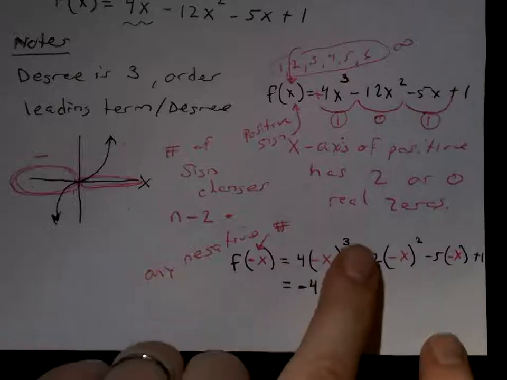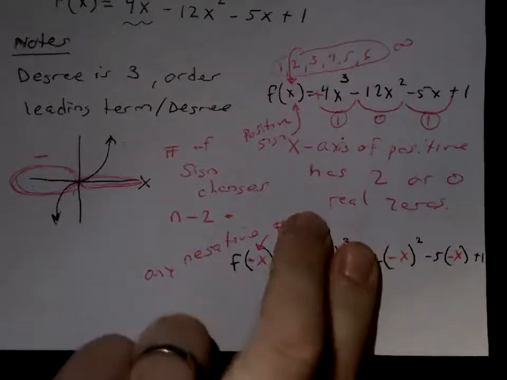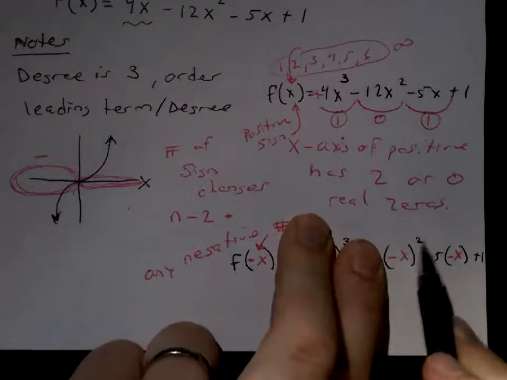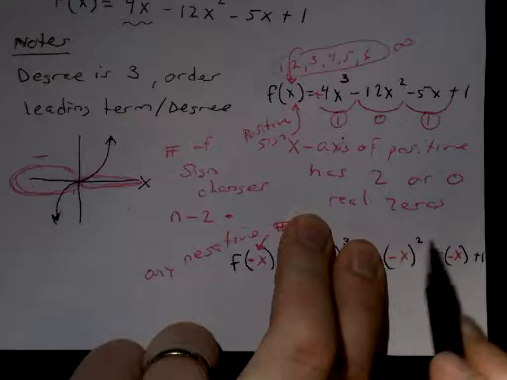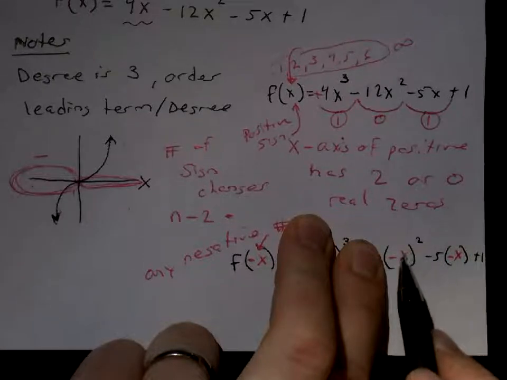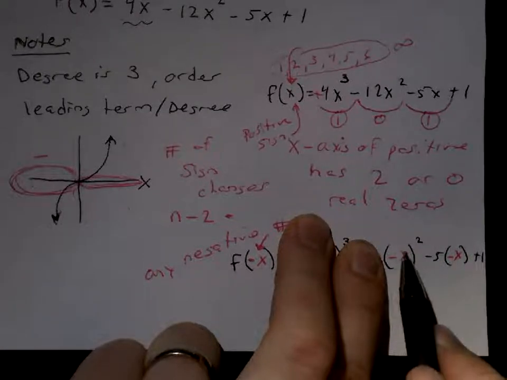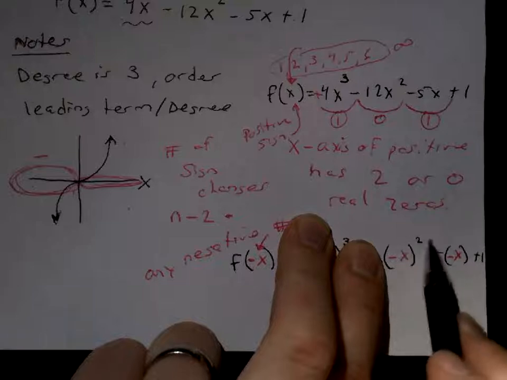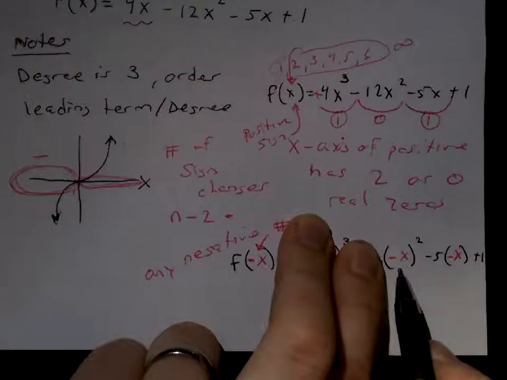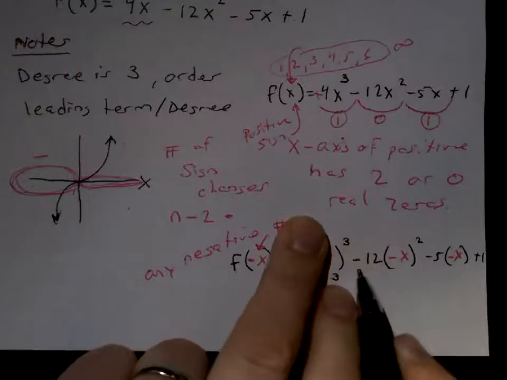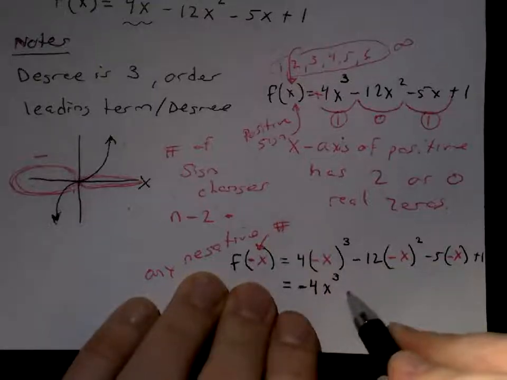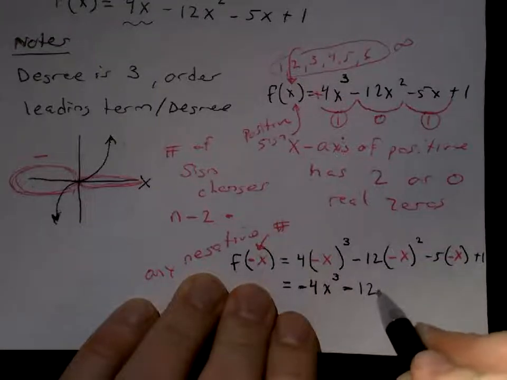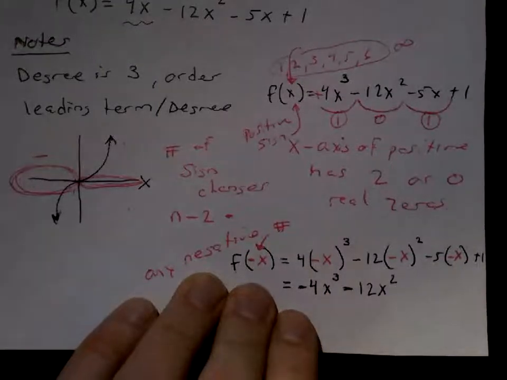And if you close this one off, and you multiply this times this one, negative times a negative, that's going to be a positive. But there's also a negative there, and that's not going to change. That's still going to be negative x squared.